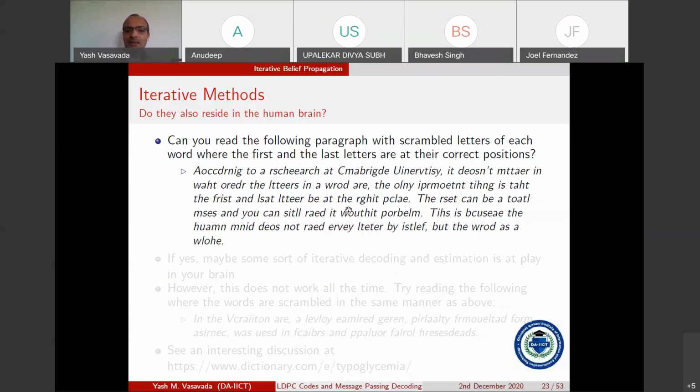There is some theory that the reason you are able to read this paragraph is that you are not looking at one individual word at a time. The different letters of a word and maybe even different words together make some type of graph similar to the graph of the Hamming code that we were looking at. And maybe some type of belief propagation is happening in our brains.